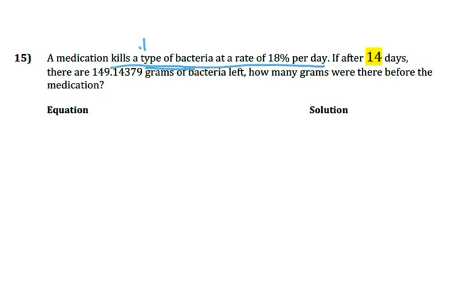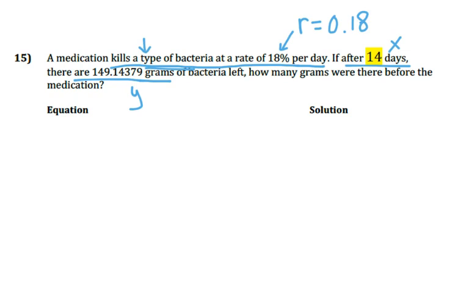So that means we're decreasing at a rate of 18%, and that 18% is going to be our R, which written as a decimal is 0.18. Now it says after 14 days, so there's X, and then we have the amount after that, so this is going to be our Y.